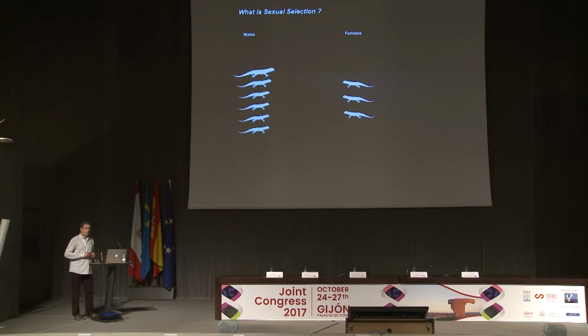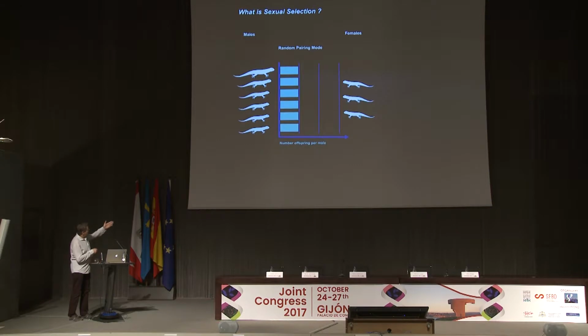Now, if we think about random mating, what we can predict is that, on average, each female mates with two males and each male with one female. That means we will have the following outcome, where we have the number of offspring per male, which links to fitness, as the previous speaker was explaining very nicely in his introduction.